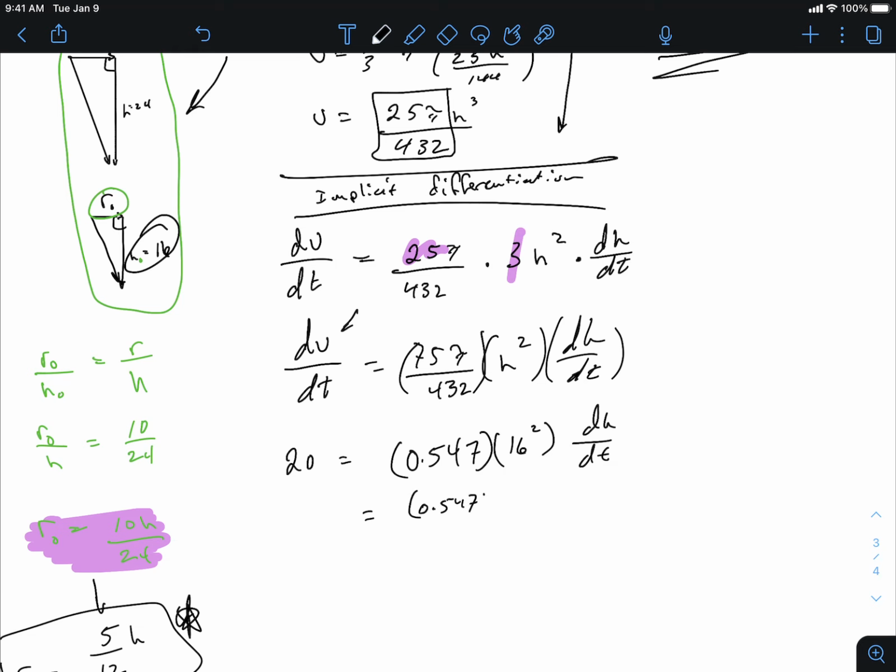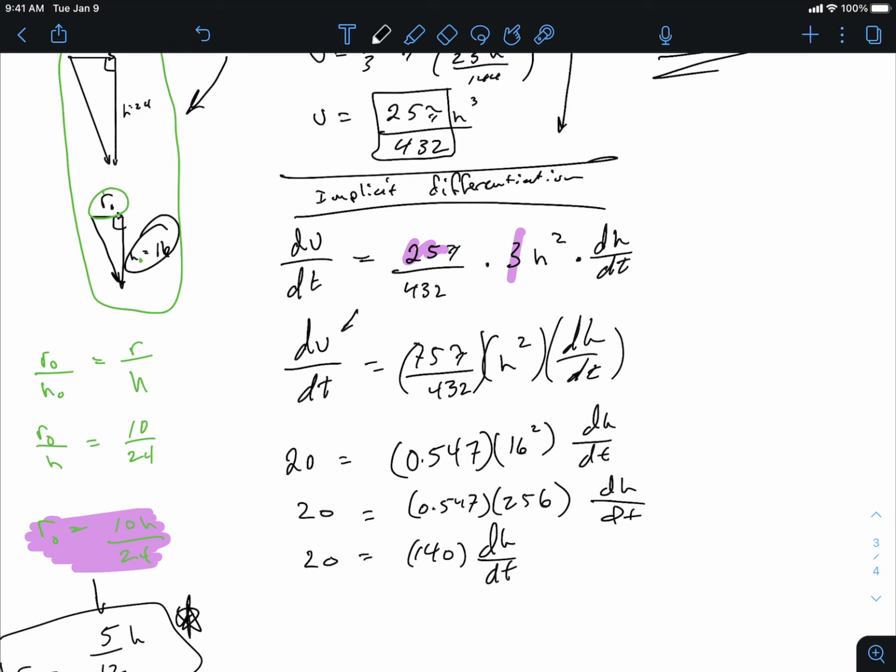I'm doing more work than you guys maybe need, but just so we're all clear on where numbers come from and everything, that way you guys aren't unsure as to did I round differently or anything like that. So now I can take the 256 and multiply it by 0.547. I get 140 basically, bang on, multiplied by dh by dt.